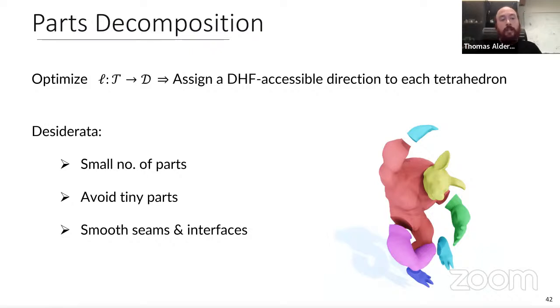The second desideratum is that we want to avoid having tiny parts because they are very difficult to fabricate, but also to assemble together. And finally, the third constraint is that we want to define smooth seams and also to locate these seams on less visible areas of the external surface so that they will be less visible on the final assembly.